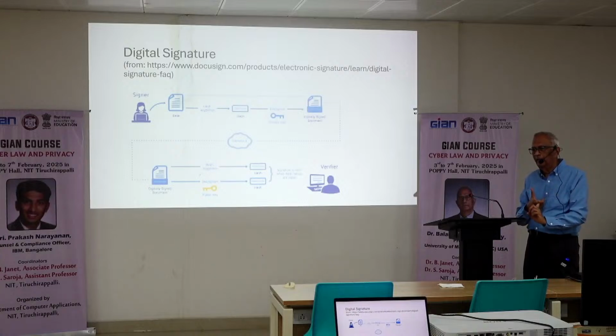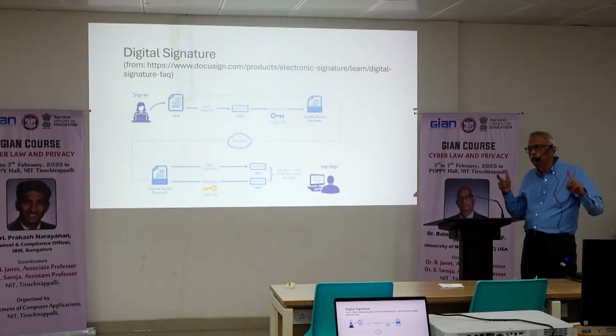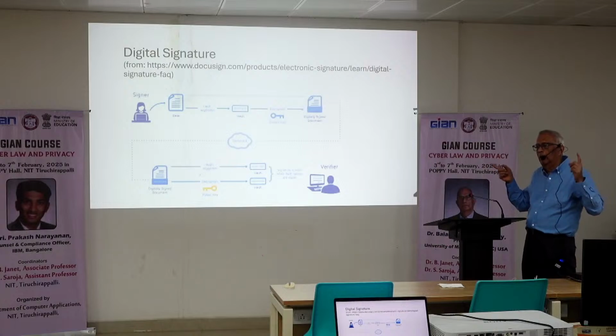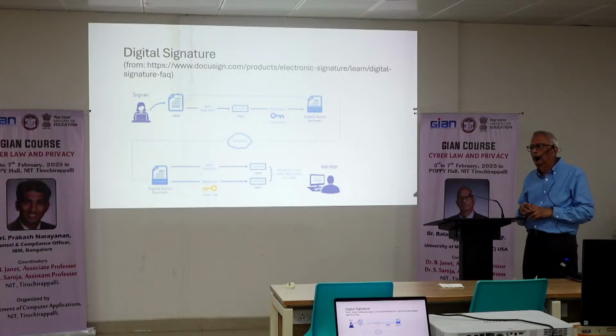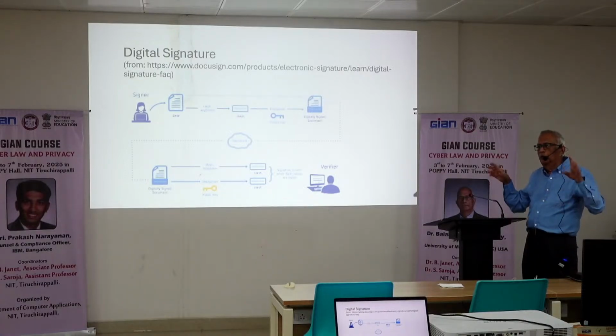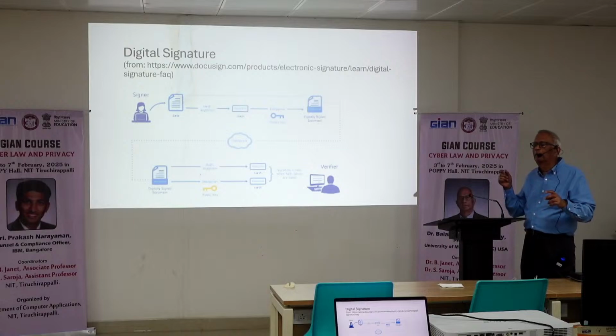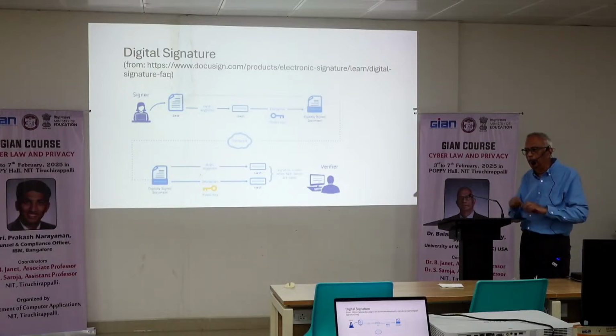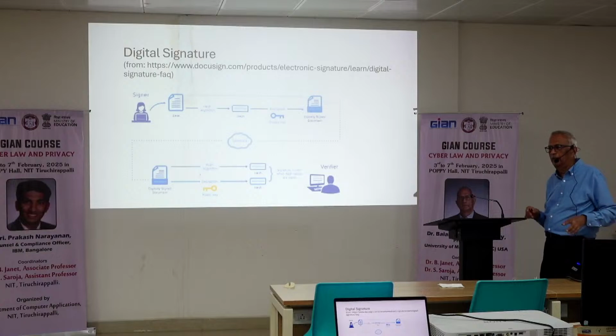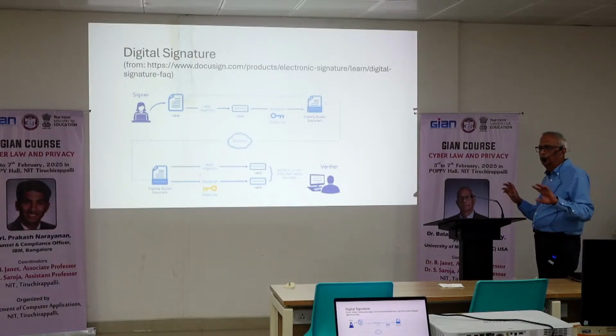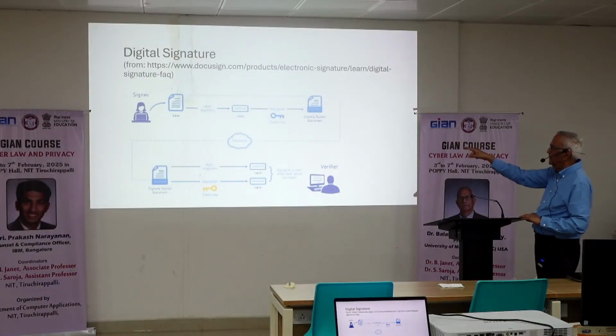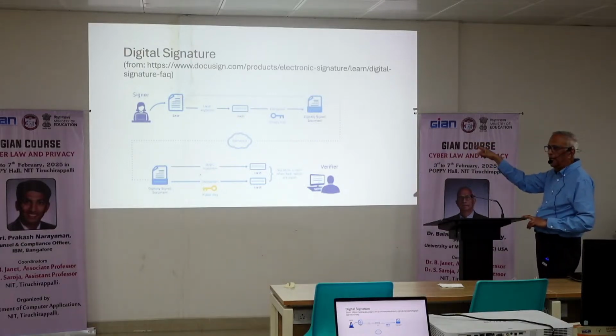They are mathematically related. At the same time, they use very large mathematical concepts like prime numbers, so that it is almost impossible to get the private key from the public key. The public key is published, but getting the private key from the public key is mathematically generally impossible.